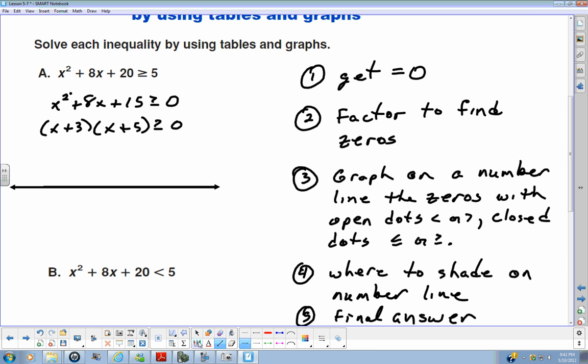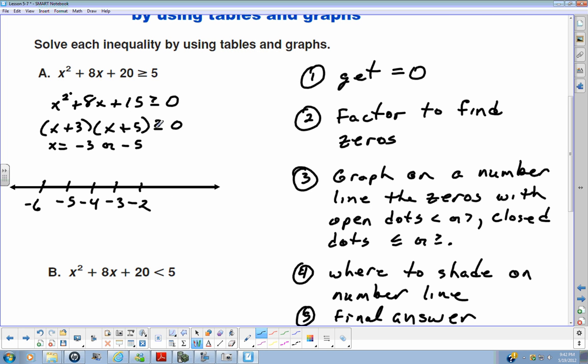And let's see, here we're going to have x equals -3 or -5. Right? So we're going to go down here to -6, and then -5, and -4, and -3, and -2. You just need to have 1 on each side of those zeros we have.